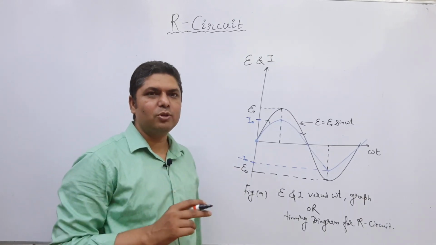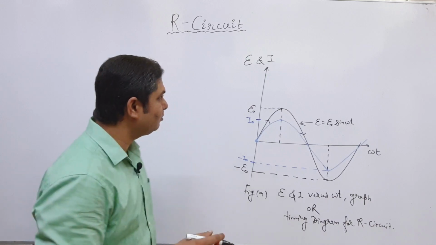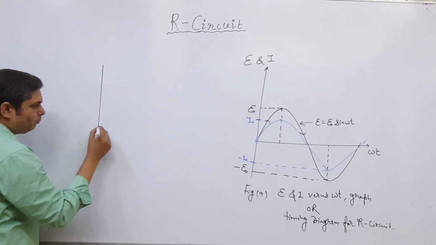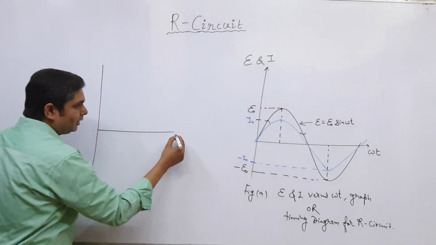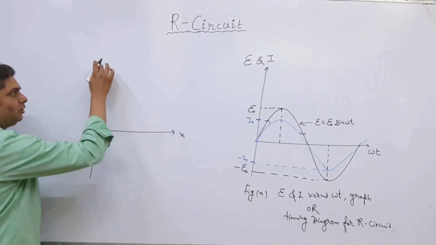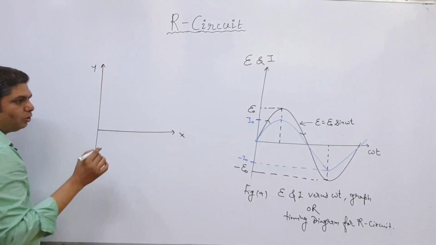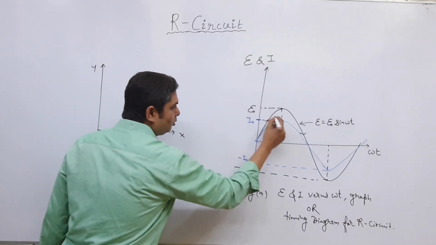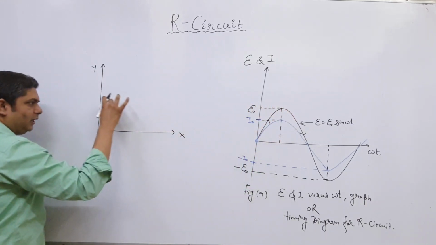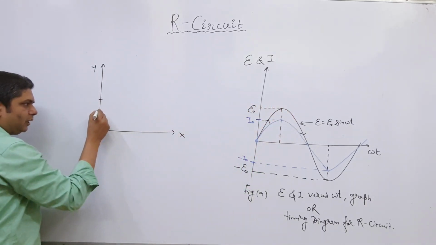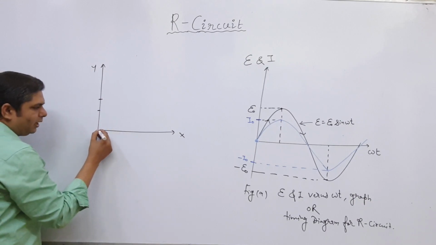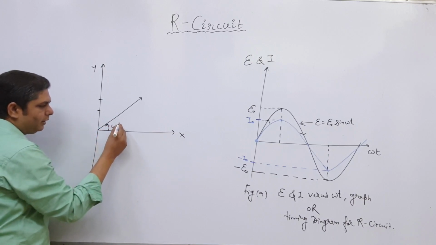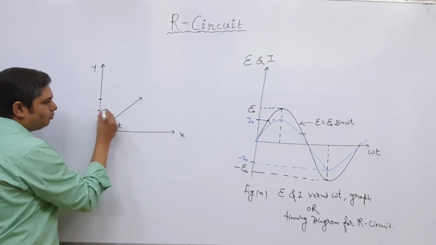For that you have to see the second figure, known as figure B. Let us draw figure B. Here again we plot the x and y axes. This is the x axis and this is your y axis. Now we will bring these two dotted lines to this point. Let us draw a line having an angle omega t, and join this to this point.